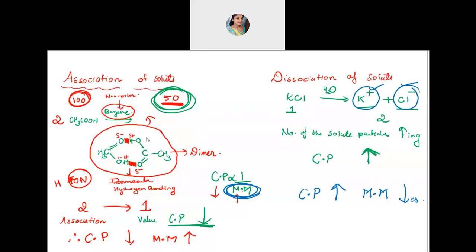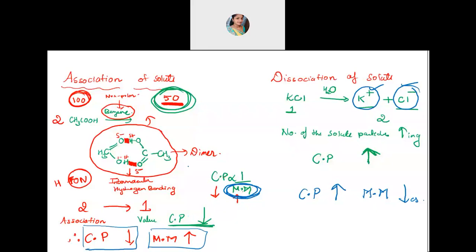What happens to the molar mass you should understand. Okay, if the particle is associating, then your colligative property value decreases because numbers are becoming less. If they start making a pair compared to the original one, it will decrease. So if that decreases, since colligative property is inversely related, molar mass will increase.